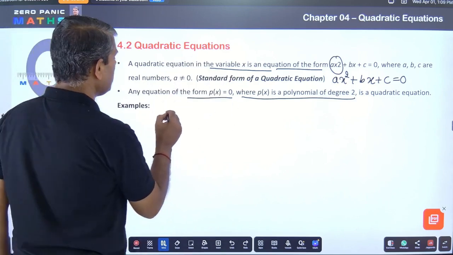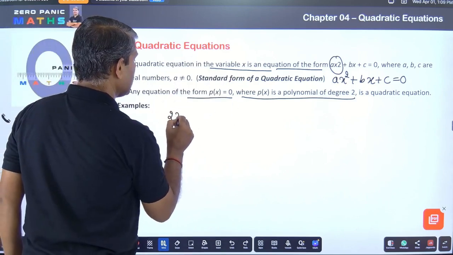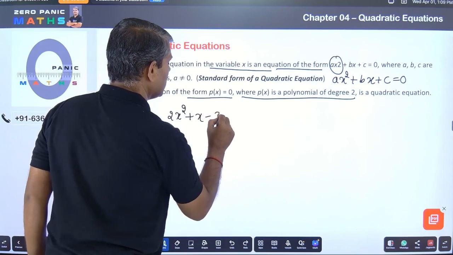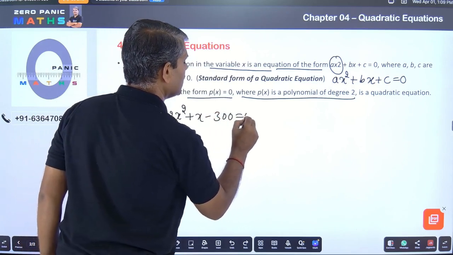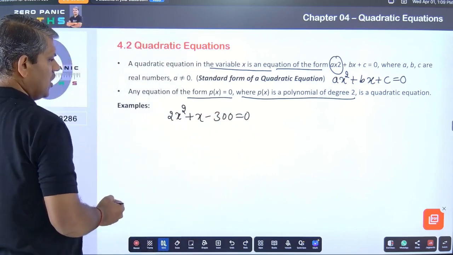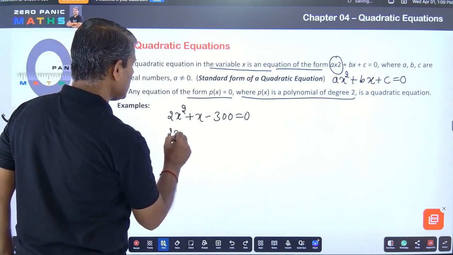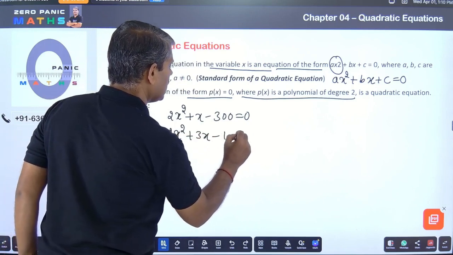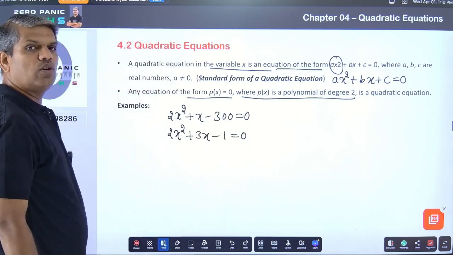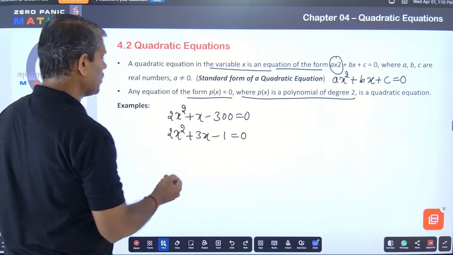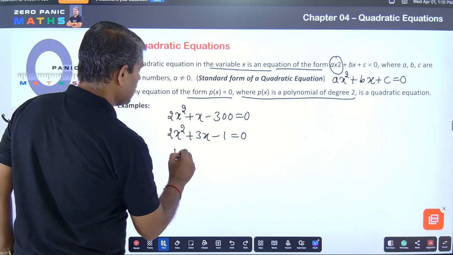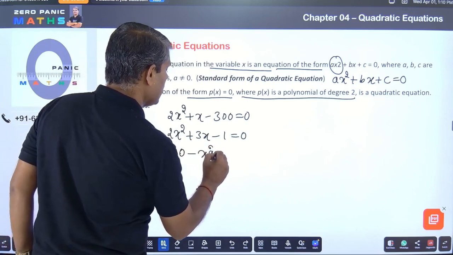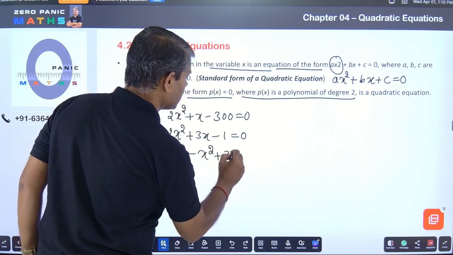So any example we can take as a quadratic equation, like the example that we have just seen. Or else you can say 2x square plus 3x minus 1 is also a quadratic equation. Or you can even write something like 10 minus x square plus 3x.